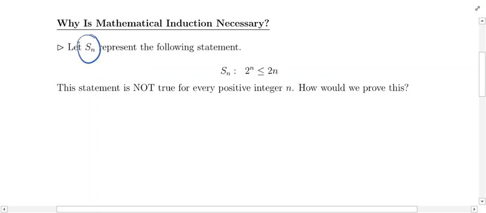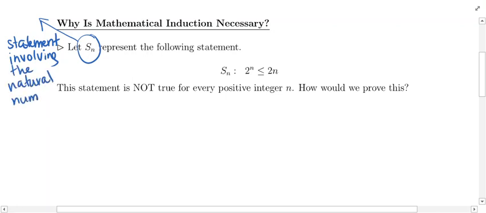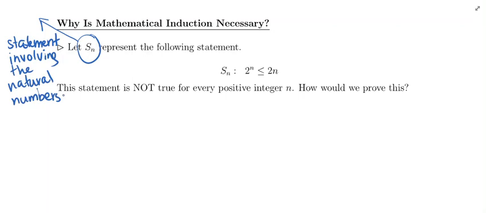Okay, so let me write this down. This is referring to a statement involving the natural numbers. Yeah, it's the same notation, but they mean totally different things here. So it's a little confusing. Okay, so we're going to let Sn represent the following statement.